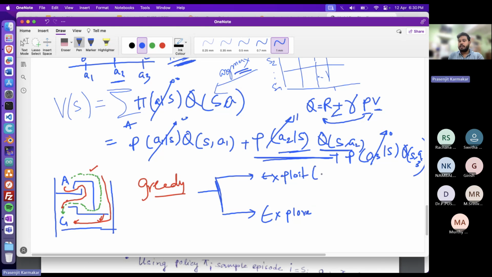Exploit means greedy. You know that this action would be beneficial. From my experience, I know that action A2 will be beneficial, so I will take action A2.